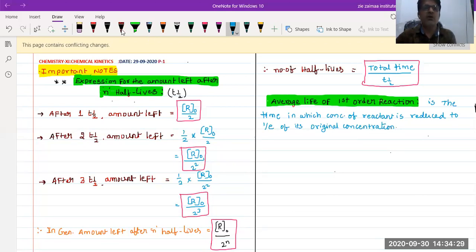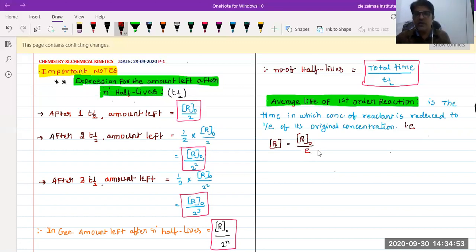So that means how can we get this one? That is, the concentration of reactant R equal to R naught, the original or initial concentration, divided by the exponential factor: R naught by e.